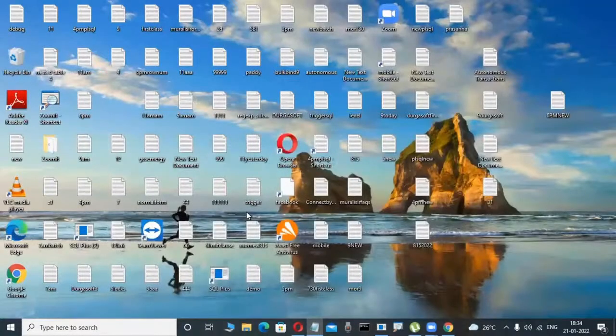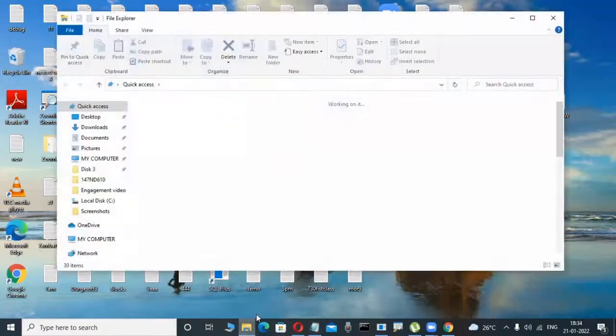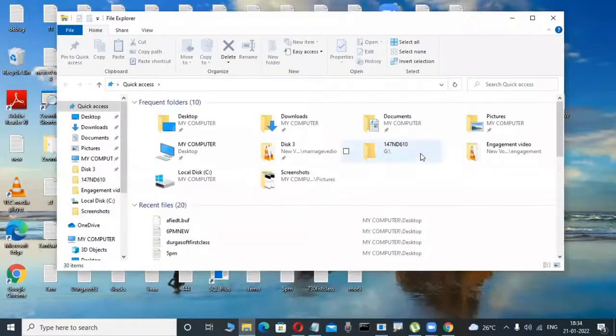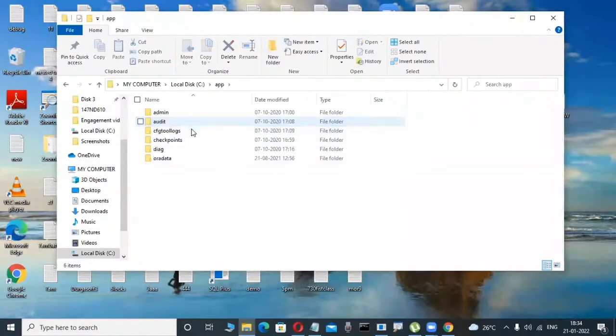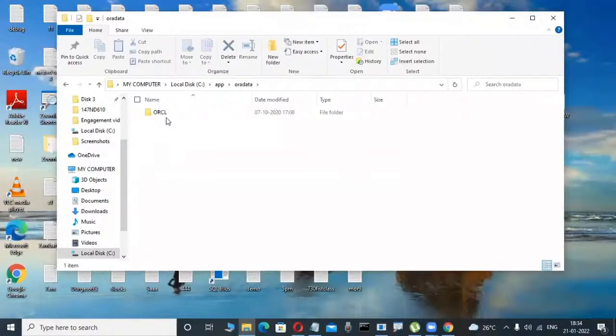Now I'm interested to view whether this table is created or not in my operating system. Suppose the Windows operating system is there, where I already installed Oracle. In that location, I try to view, for example, in C colon, where Oracle is. Those are directories, these are folders: Oracle, Oradata, ORCL.